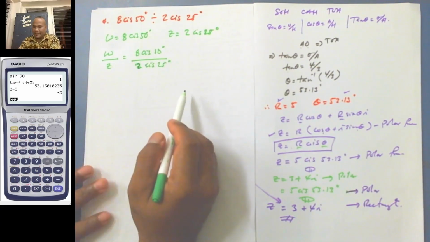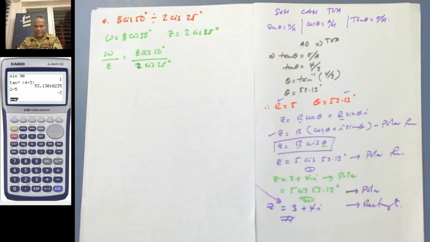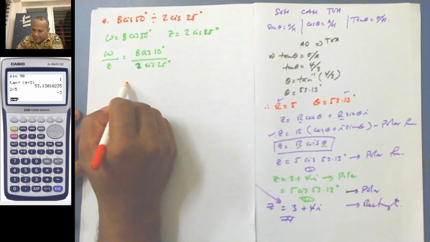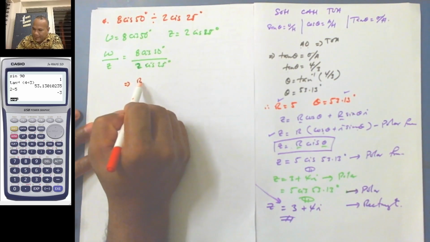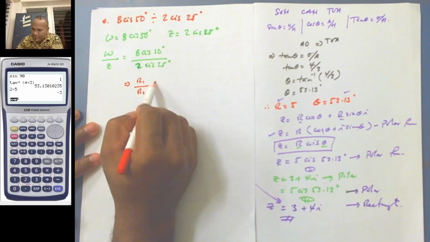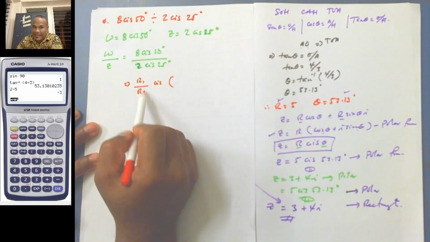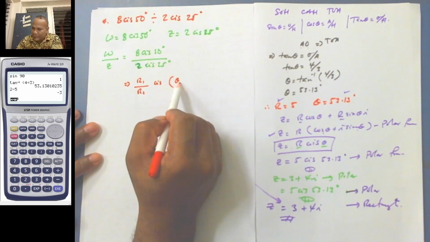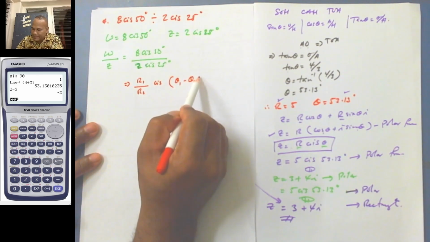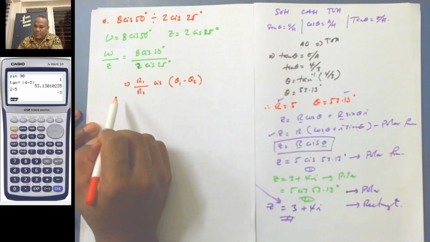The formula for dividing polar form is this: R1 divided by R2 cis, so when we divide the R's, we subtract the thetas. That's the first law.